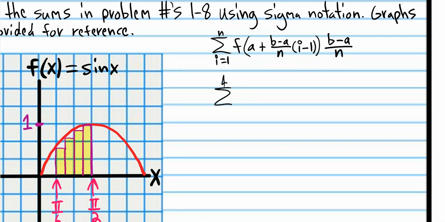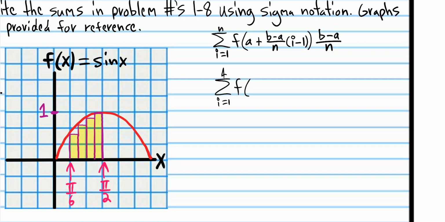So we're using 4 rectangles. a is the left bound, pi over 6. b is the right bound. And again, we're using 4 rectangles.